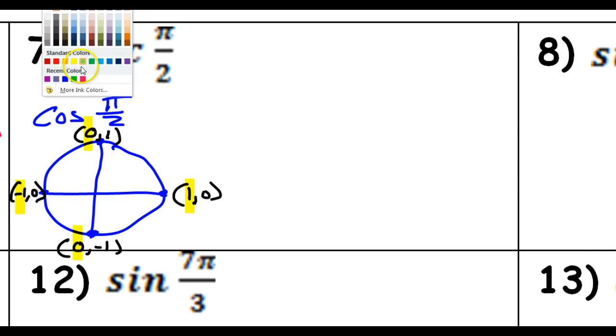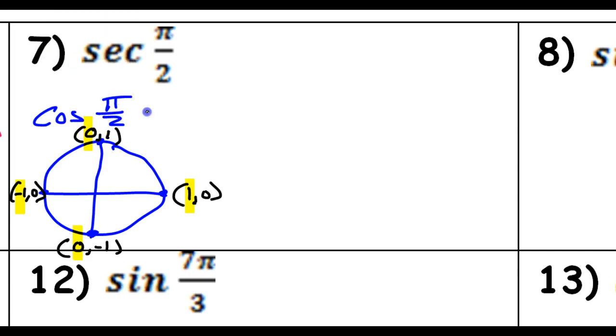So when you ask yourself, what is the cosine of pi over 2? All you have to do is look at pi over 2, which is right here at the top, and you see that the cosine is 0. Now the secant is supposed to be the reciprocal of that.